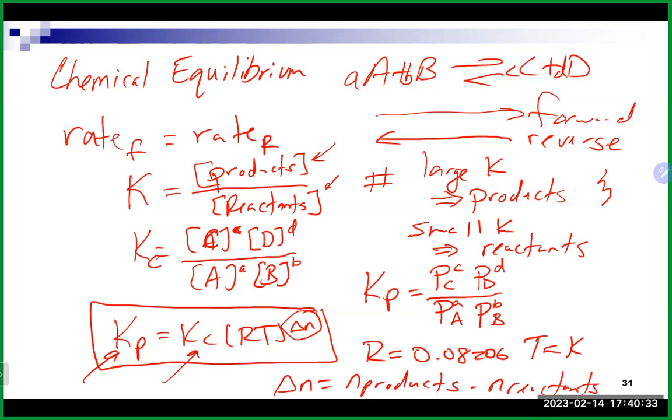Now, the value of K, as we talked about, is an equilibrium constant, which means it is a constant value for a particular reaction at a particular temperature. And it does not matter how much you start with in terms of reactants or products. If you ran it at a constant temperature and you started with all reactants, it will come to the same ratio of products to reactants.